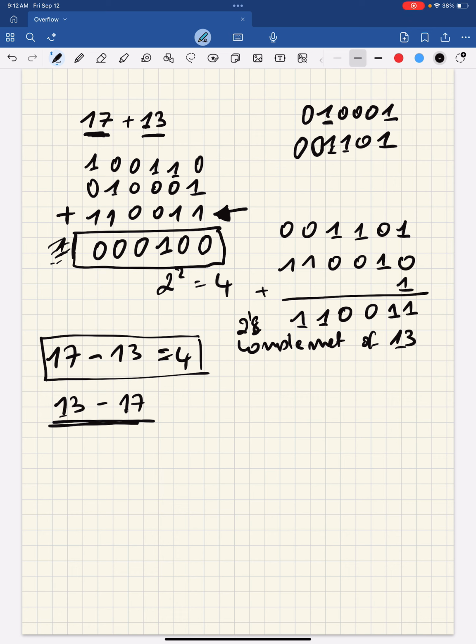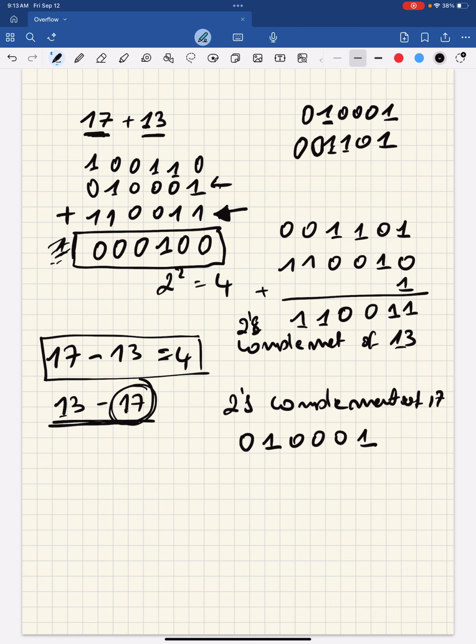In this case, the first thing to do is to take the 17 here and then to do the 2's complement of 17. What is that value? We saw that the value 17 was this one here. So 17 is 0, 1, 0, 0, 0, 1.